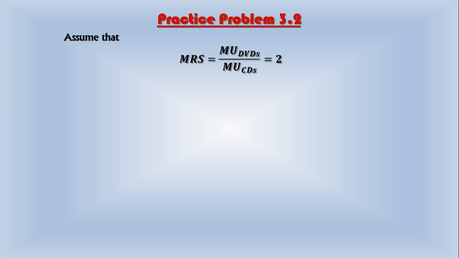So let's say the marginal rate of substitution between DVDs and CDs is equal to 2. So the marginal utility of DVDs over the marginal utility of CDs equals 2. What does this mean as far as the consumer? What is the subjective trade-off they're willing to make at whatever point they're at in terms of DVDs and CDs?